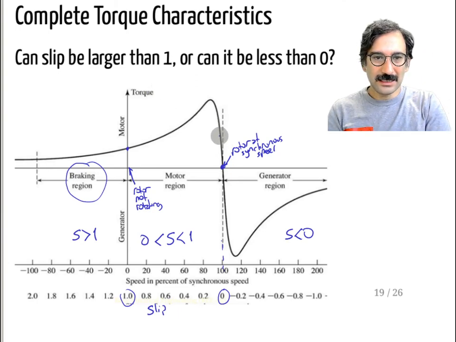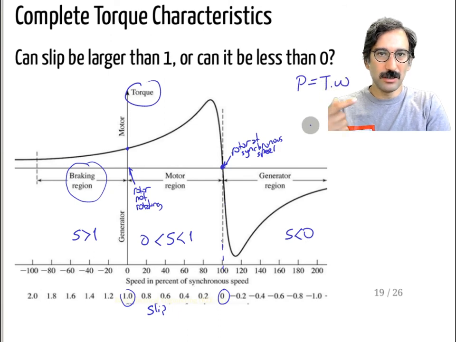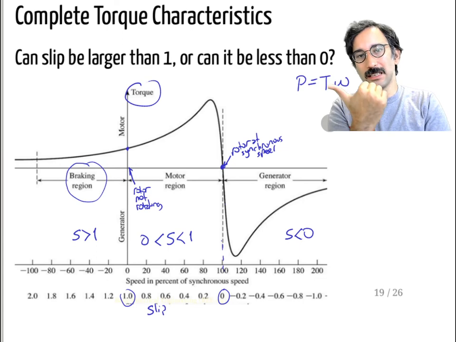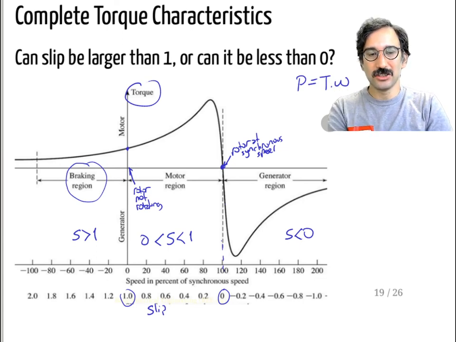Remember, power is torque times omega. The power flow direction has changed, but the speed is still in the same direction, so the torque direction has to change, so I can operate as a generator.